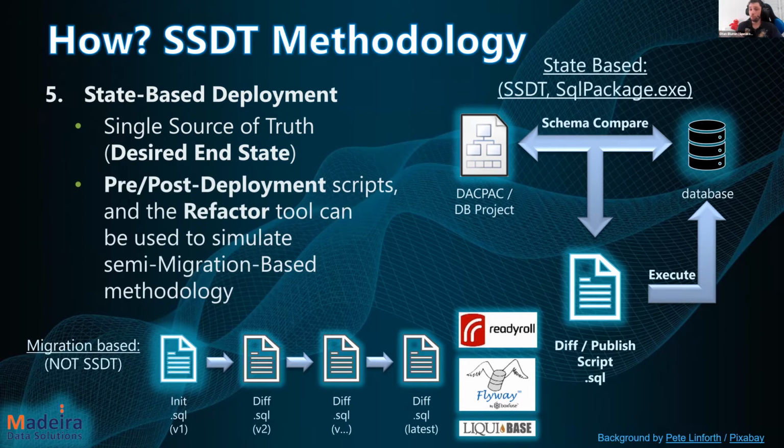There's also the refactor tool, which is very, very useful to bridge the gap. For example, things that you can do very easily in migration-based deployment, but not so easily in state-based deployment. For example, what if you rename a column? So if you go and deploy the DACPAC file as is, just in the source project, you rename the column and that's it.